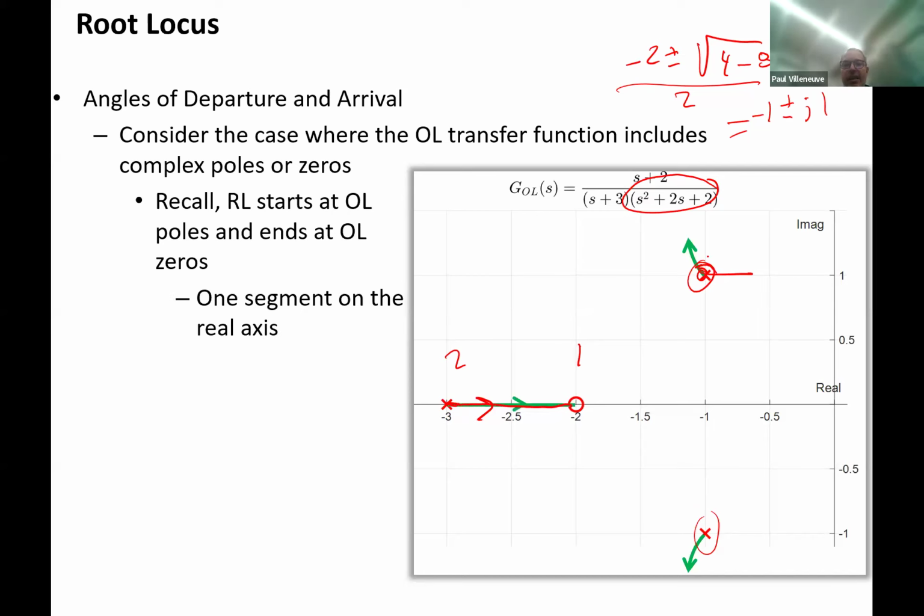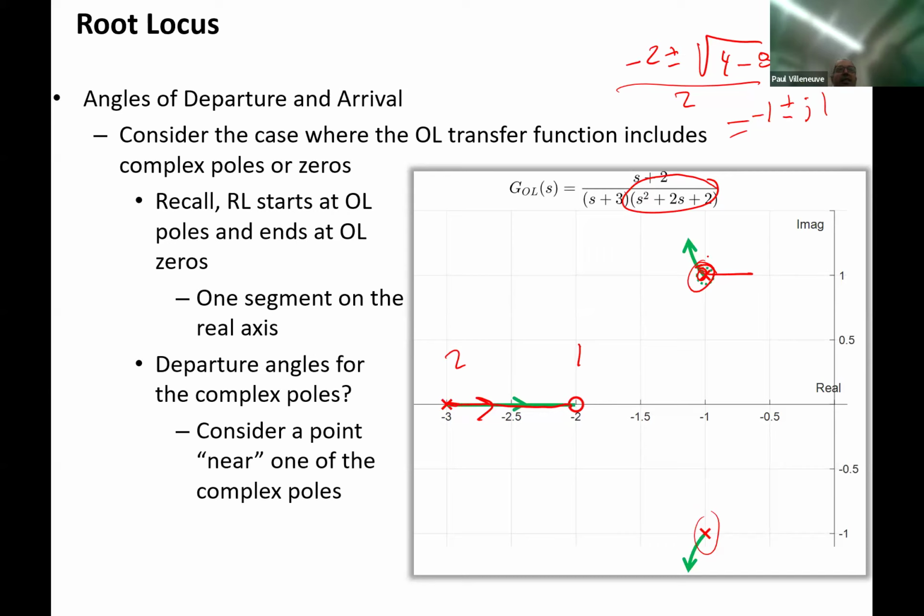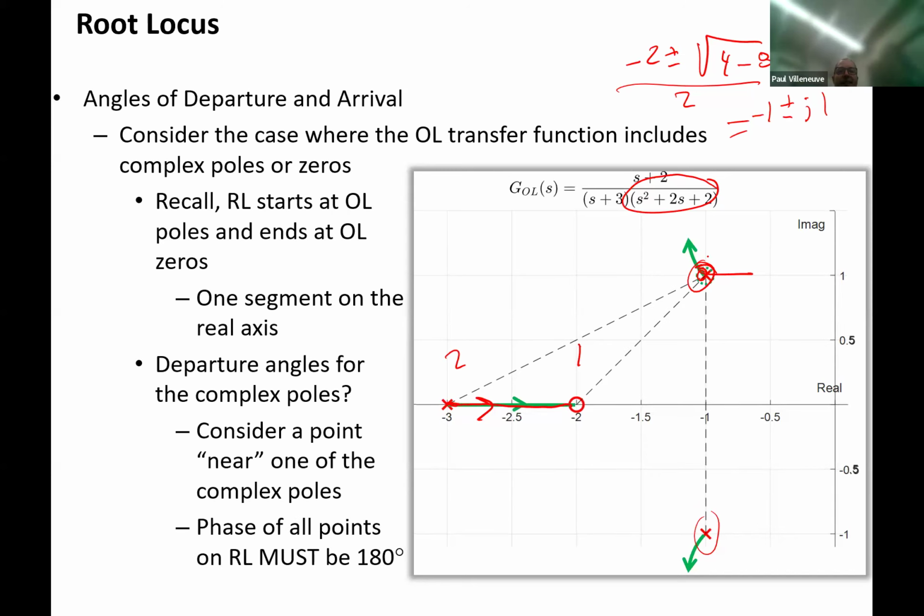What is that angle right there? So we're going to consider a point near, quote unquote, one of the complex poles, as close as we can be. And remember how we said that all those angles individually have to equal 180 degrees, plus or minus 180 degrees? We still need to make sure that that's the case. So what we're going to do is calculate our angles and see what we get.